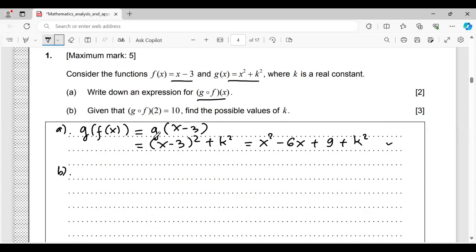Next, part b. We're going to find k. If (g∘f)(2) equals 10, it means 2 squared minus 6x plus 9 plus k squared equals 10. 4 plus 9, 13.